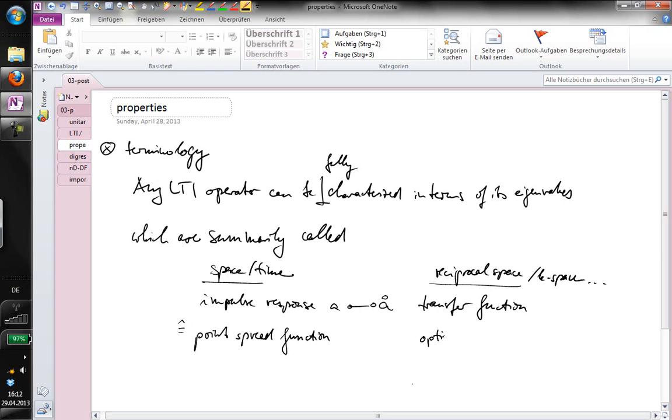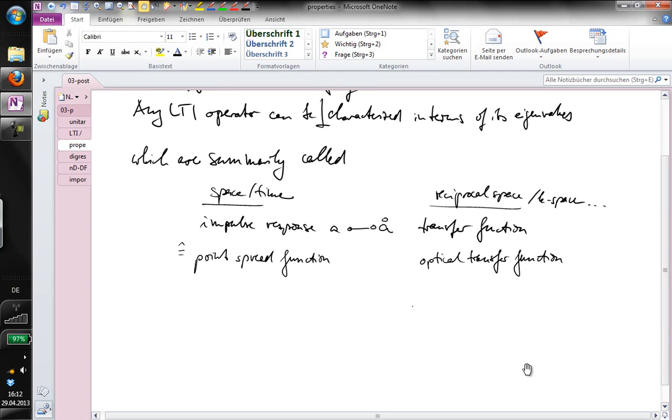And accordingly, that is then called the optical transfer function. And this transfer function allows us to read off very conveniently what an operator is doing.